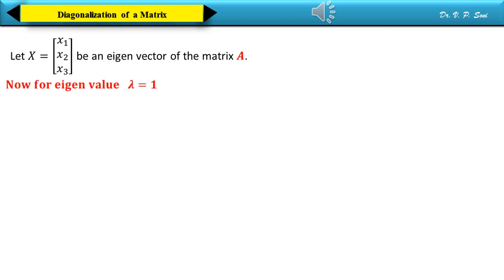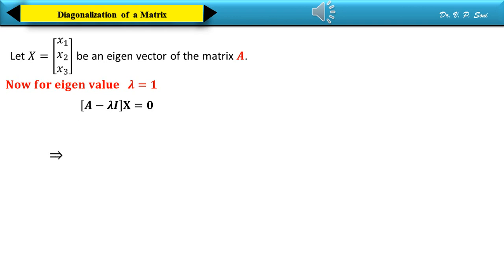Now we find the eigenvector. Let column matrix X equal to x1, x2, x3 be the eigenvector of the matrix A. Now for eigenvalue lambda equal to 1, matrix A minus lambda I into matrix X equal to 0 matrix.